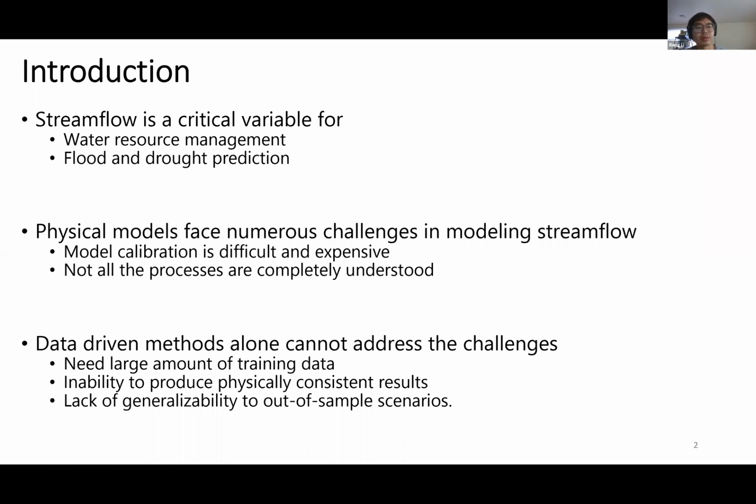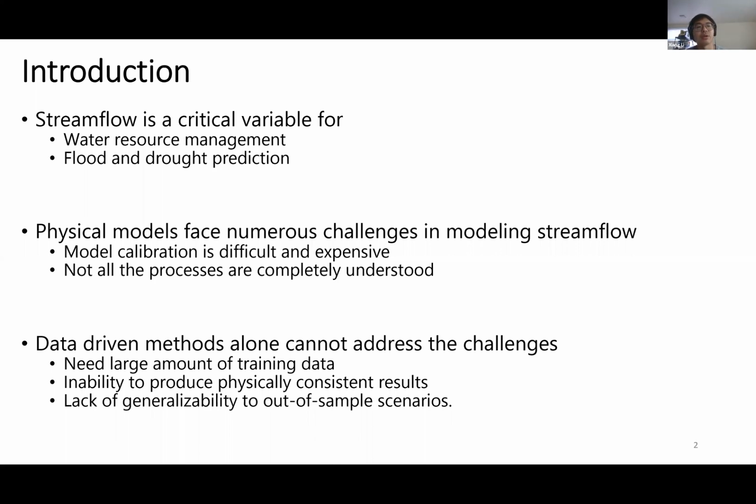But data-driven methods alone cannot address some challenges, especially in hydrology, like stream flow prediction, because they always need a large amount of training data, and they are argued to lack generalizability to out of sample scenarios, because models trained from data-driven approaches are based purely on data instead of physical principles.